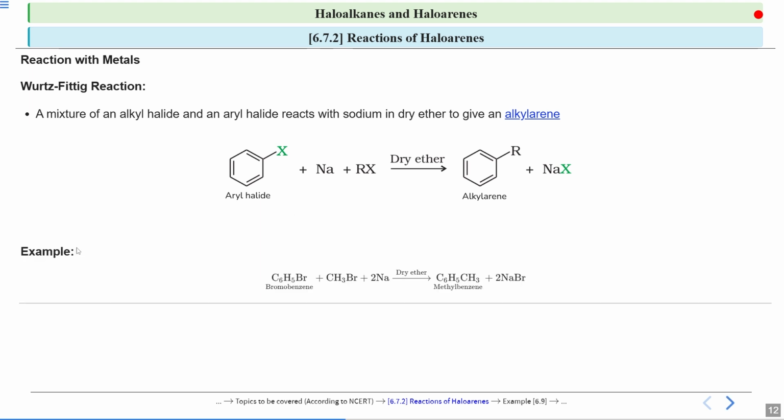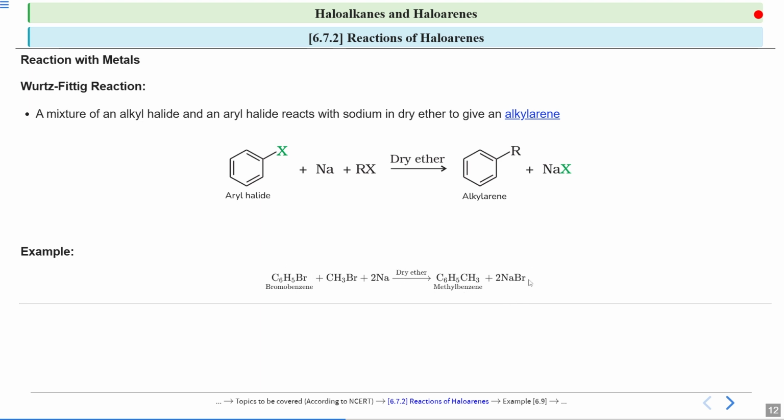For example, let's say we take bromobenzene as the aryl halide, and you add the alkyl halide, methyl bromide, and react them with two atoms of sodium metal in the presence of dry ether. The aryl group, benzene, and the methyl group, the alkyl group, will attach and you will get methyl benzene and sodium bromide.